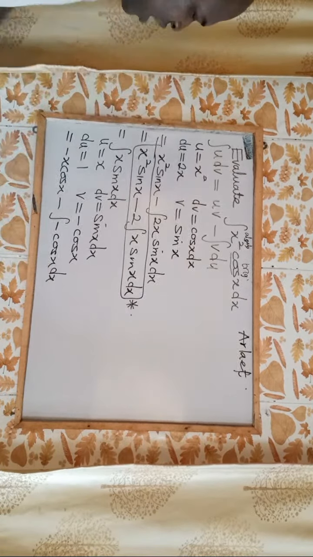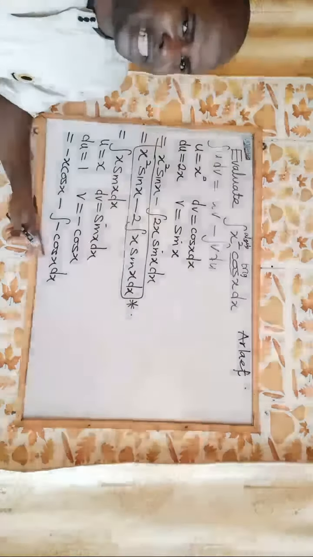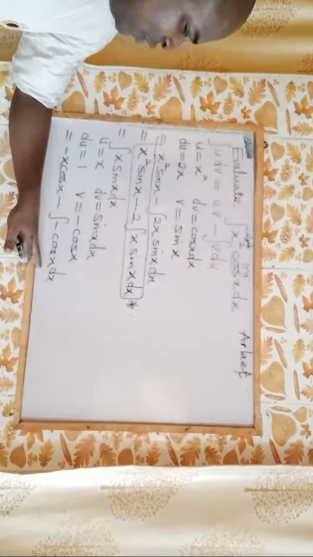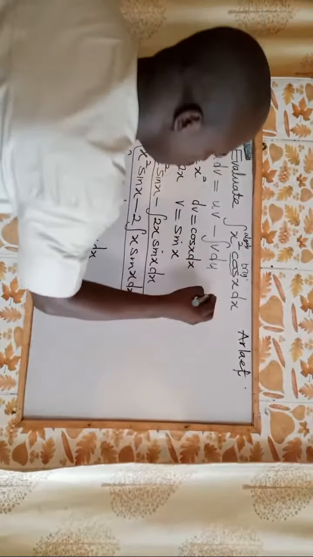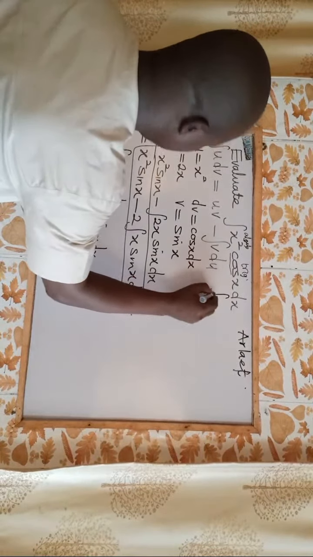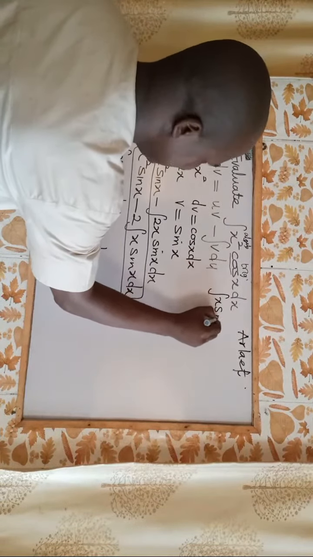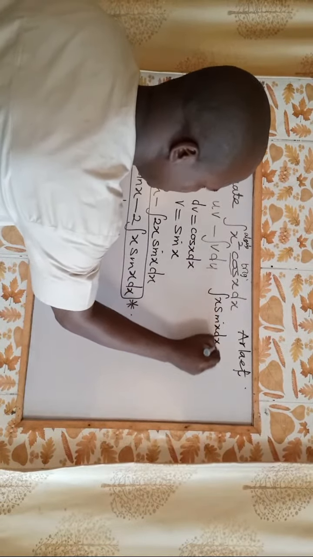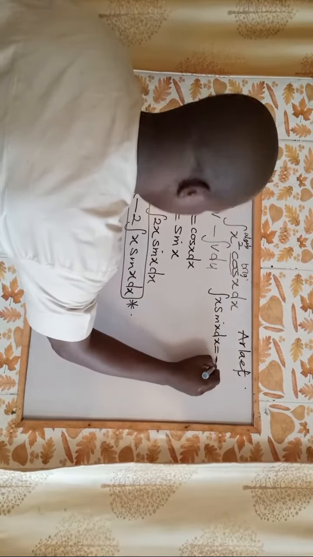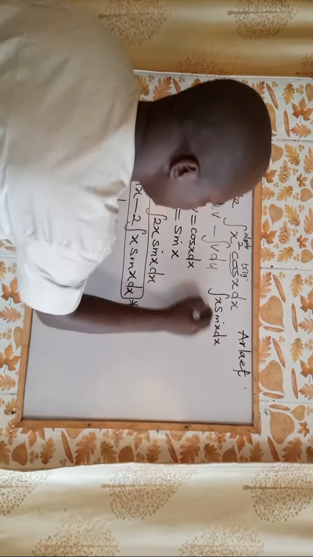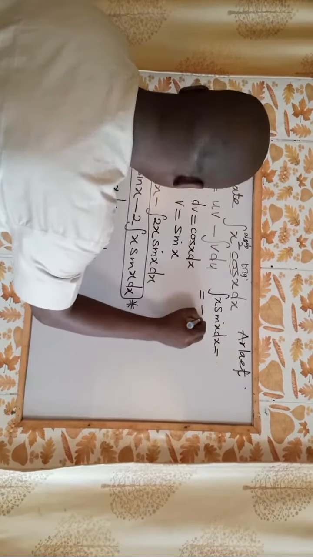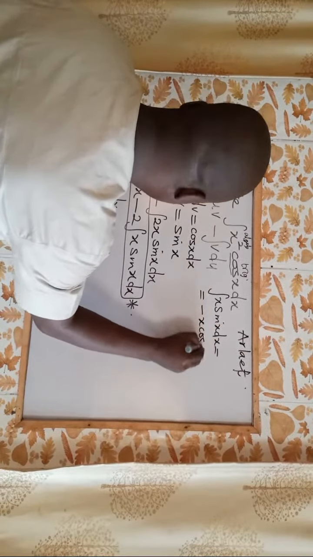So from here, you will notice that we can integrate this cos x. We have our integral x sine x dx equal to minus x cos x.